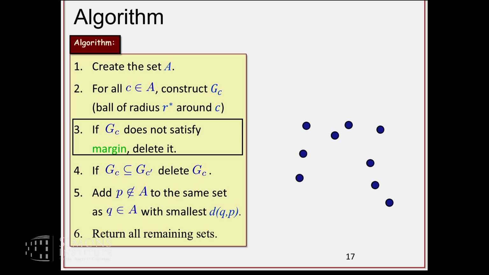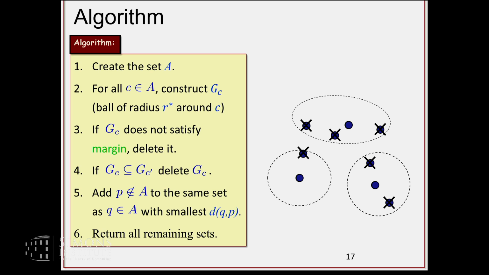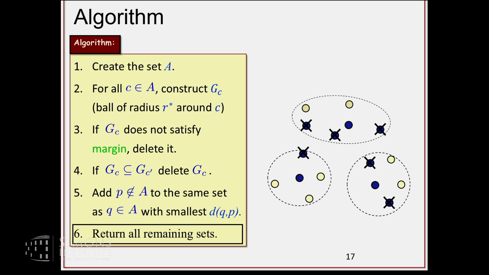First, if any ball doesn't satisfy the nice margin property, if there's a point inside the ball that's closer to a point outside the ball than to the center, then just delete this ball. Also, if any ball is a subset of another ball, just delete the smaller one. We do this for all the balls, and we only have a few left. Then I add the rest of the points back to the cluster of the closest point in the set A, and then I return these sets.